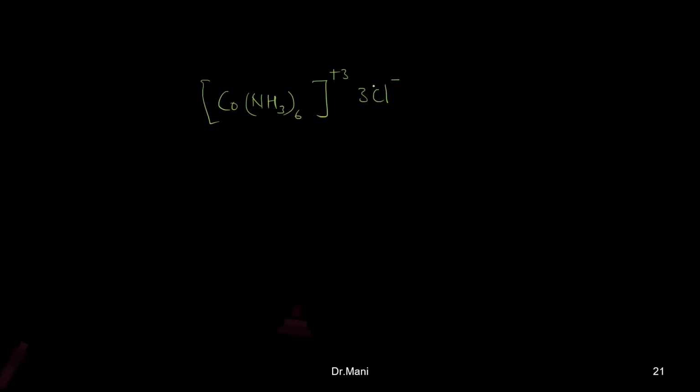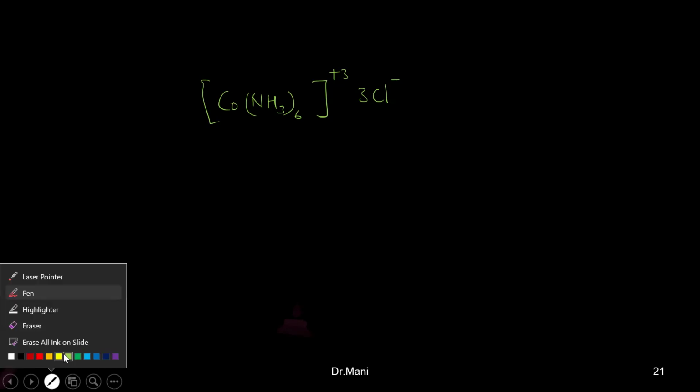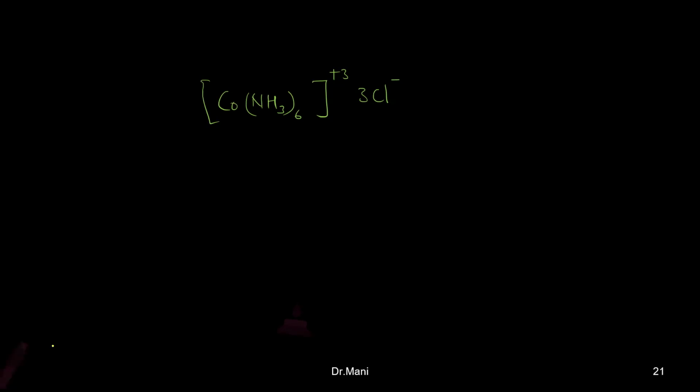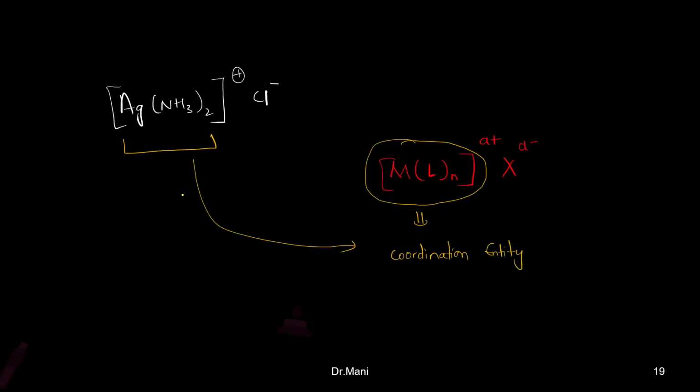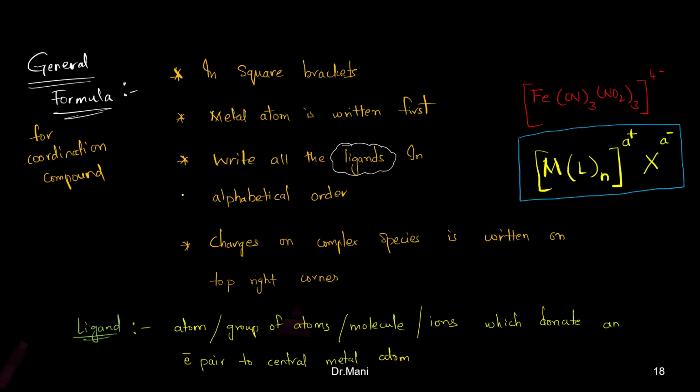So tell me, what is the central atom here? It is [Co(NH3)6]. What is the central atom? I told you many times: the metal atom is written first, and that will be the central atom.